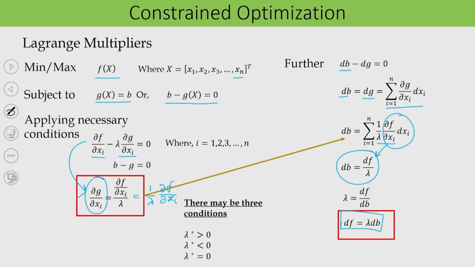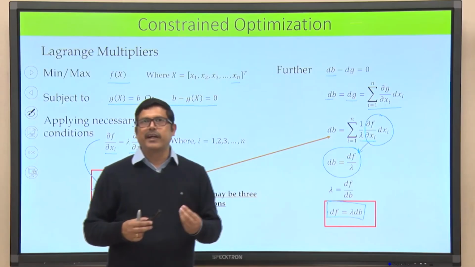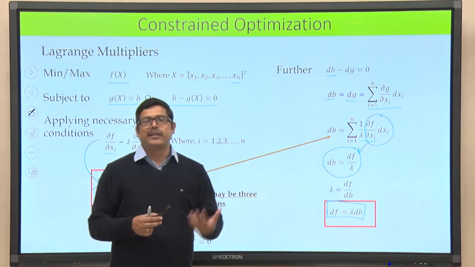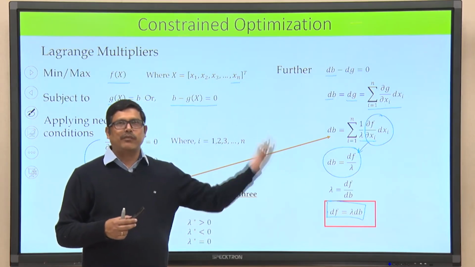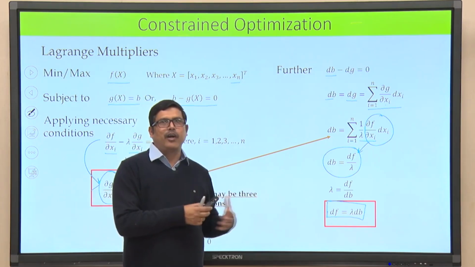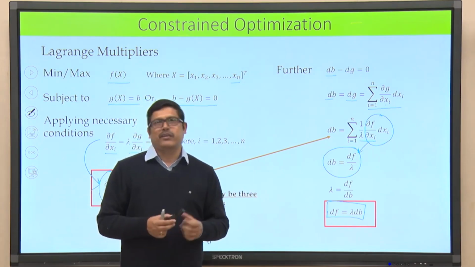That means dB is negative, lambda is positive, so df is negative. Whatever objective function value you have already obtained, it will reduce if you tighten the constraint.